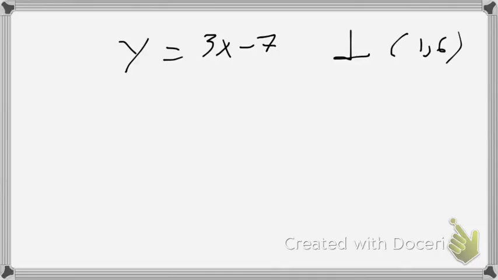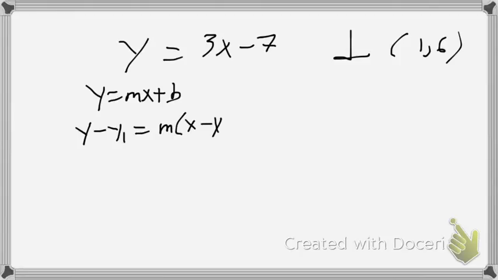Best way to do that? I know I have my two forms, right? I have my slope-intercept form, great if I'm given slope and the intercept. And I also have my point-slope form. Which should I use here?